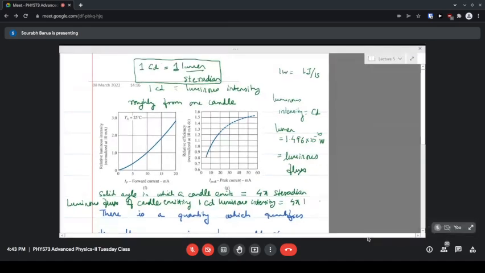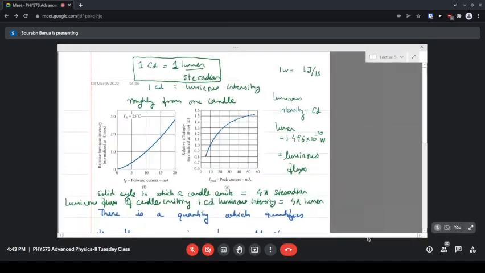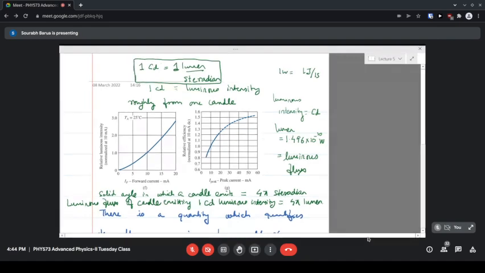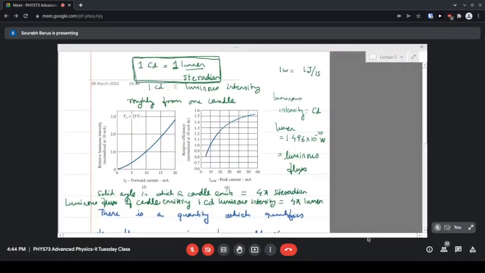So you can imagine that if there is a light source which is emitting 1 candela of light in a 4 pi solid angle, then the luminous flux of that source of light will be equal to 4 pi lumen. But anyway, this equivalent relation is there. So 1 candela is equal to 1 lumen per steradian.